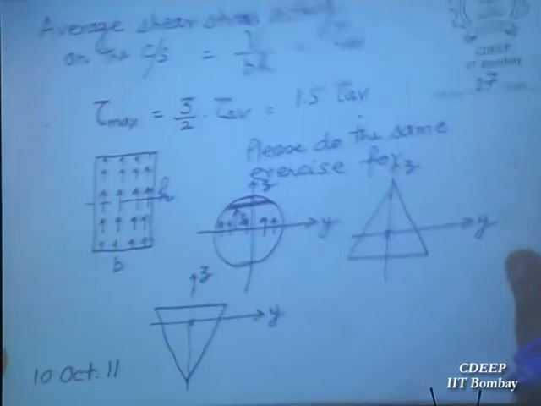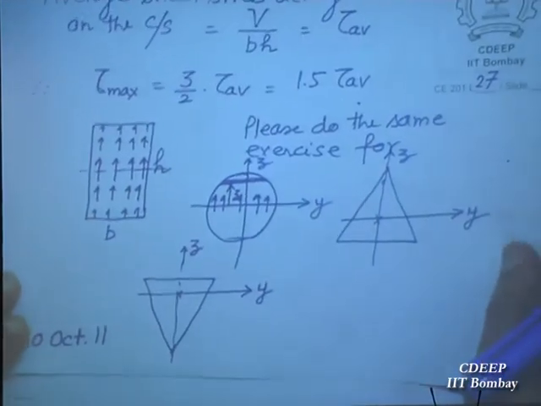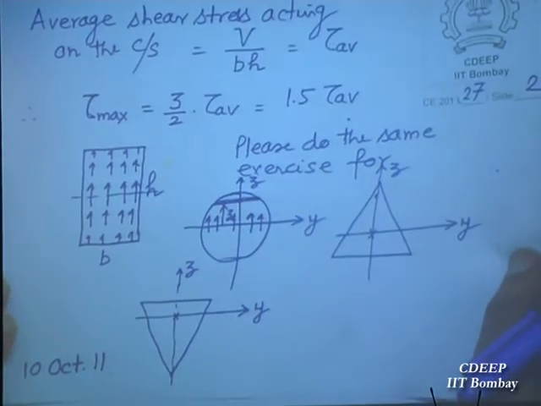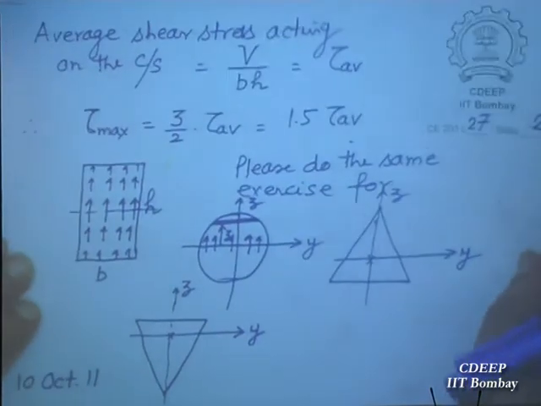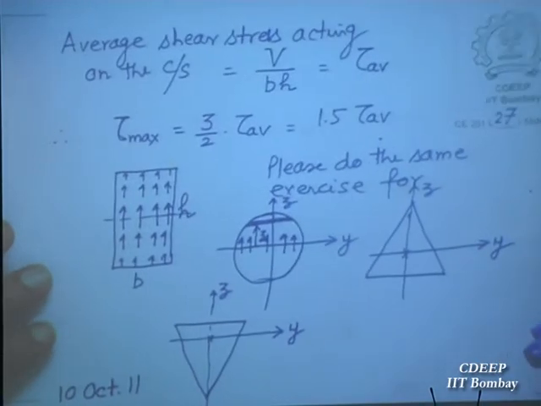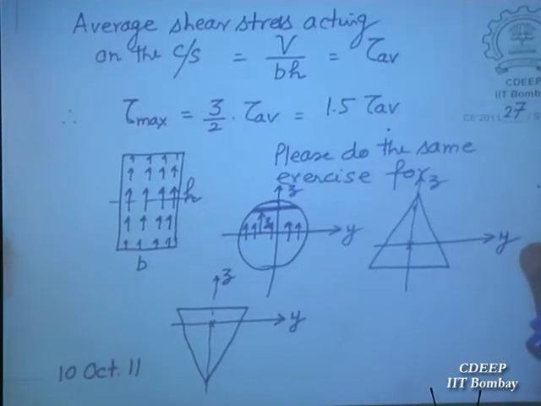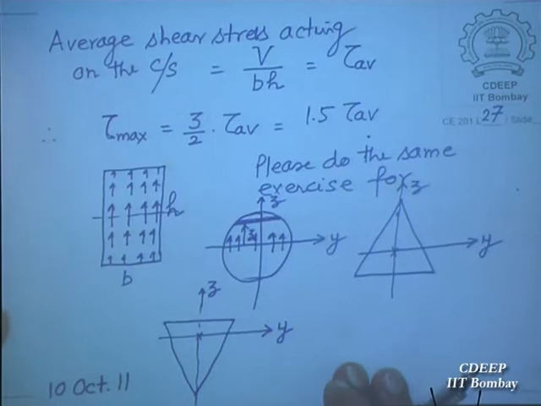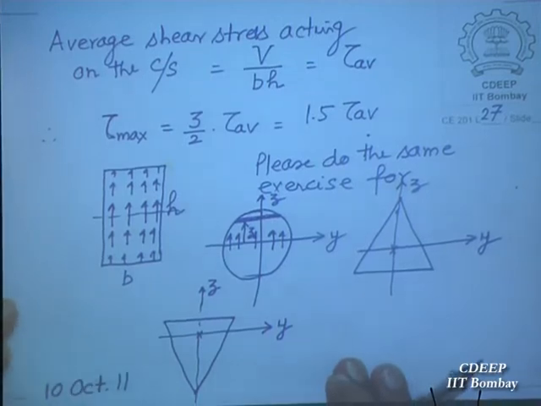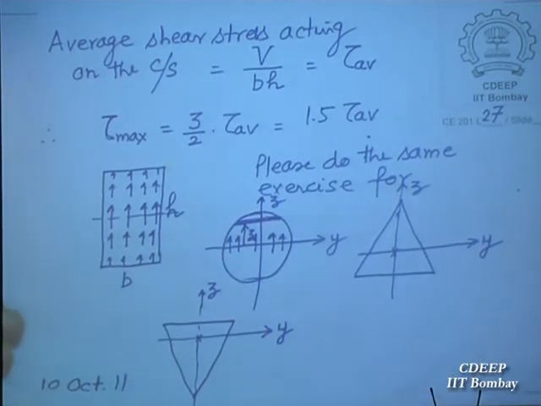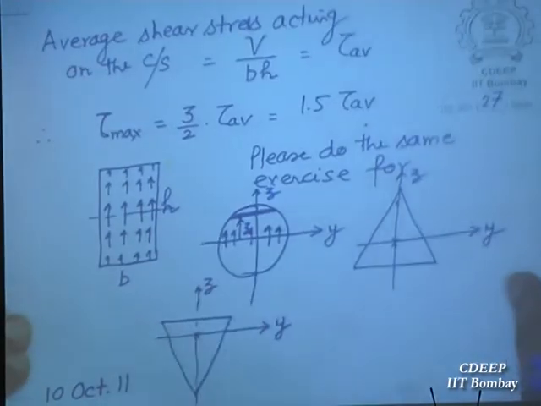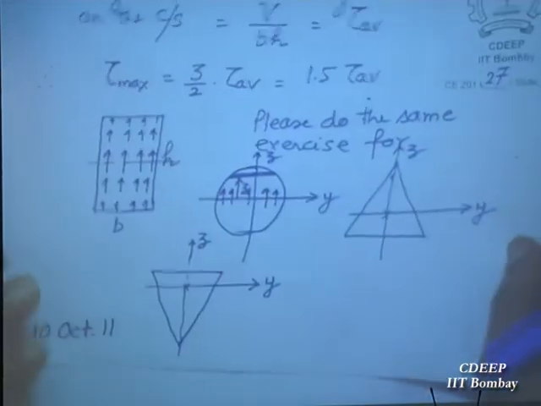Okay, so this I will say is shear stress due to vertical shear. I don't want to complicate things at the moment. I am leaving some portion right now because that will confuse you. We will take it up later, the shear stress which is given in the book.